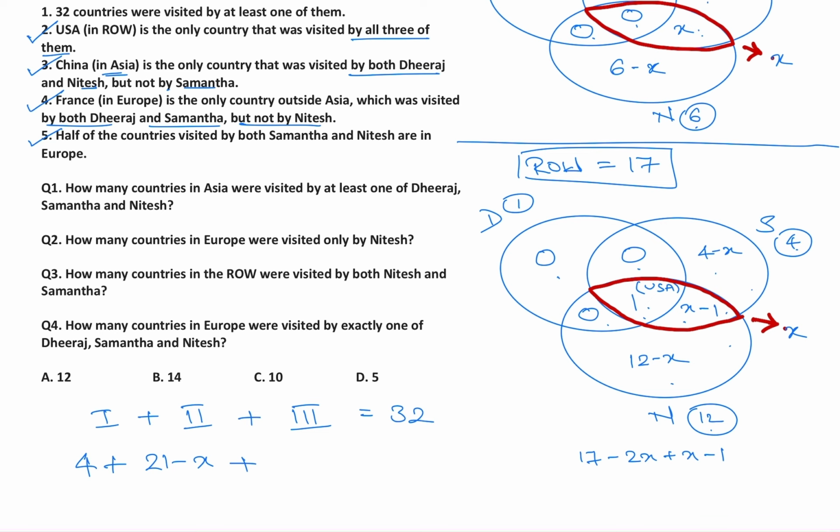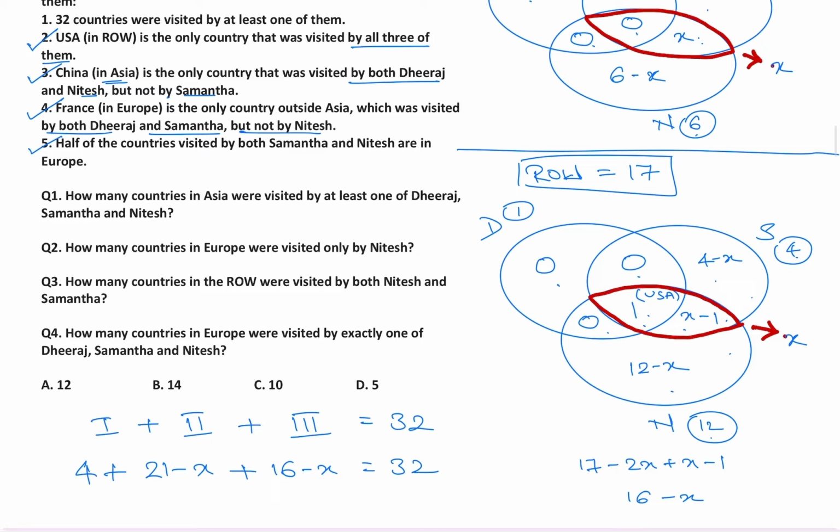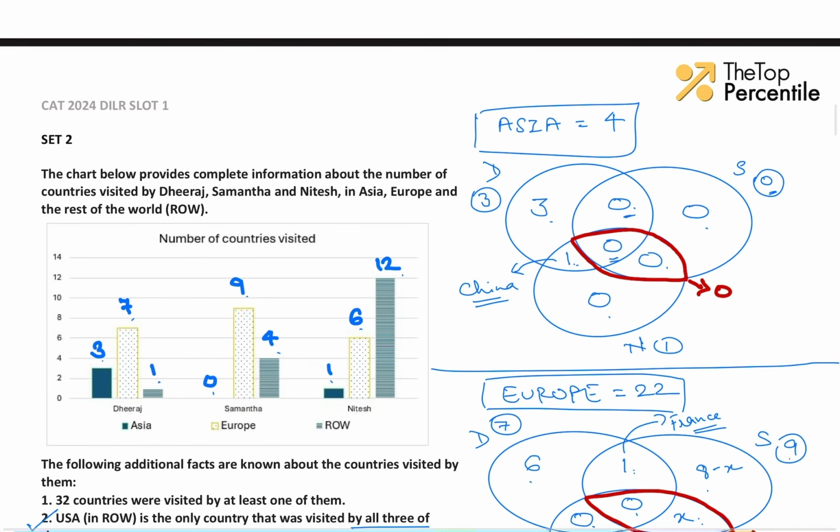So I'll get this as 16 minus x. Okay, so this will be 16 minus x. This will be 32. So 21 plus 4 is 25, and plus 16, 25 plus 16 will give me 40. One second, exactly 1.